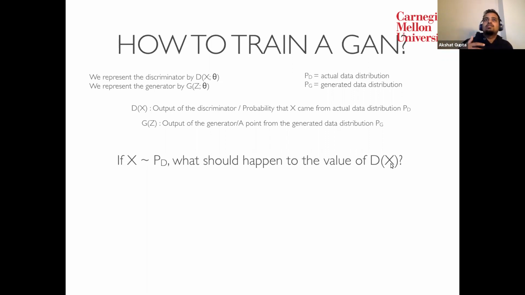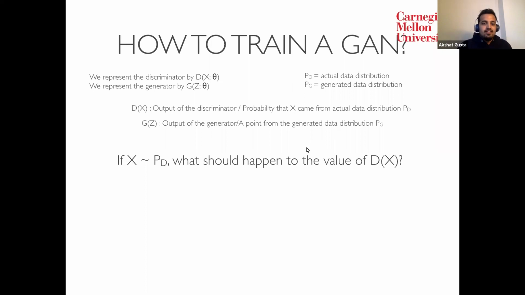Remember, D(x) is the output of the discriminator and the probability that x came from the actual data distribution.